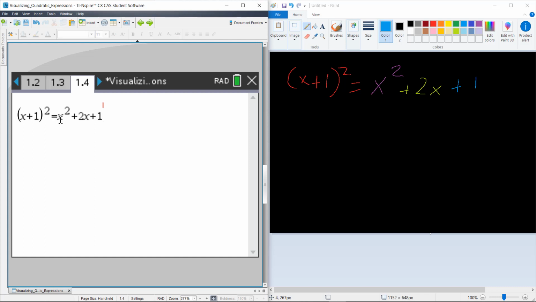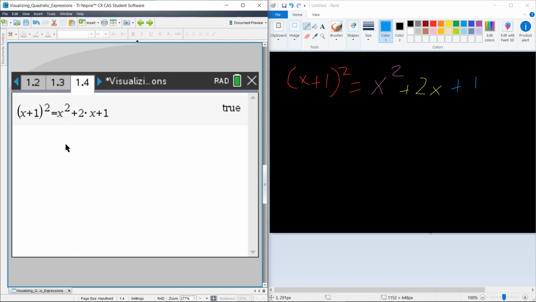What we're using here is called a Boolean operator, and basically what we're going to get is a true or a false to decide whether the expression on the left-hand side of our operator is equivalent to the expression on the right-hand side of our operator. And since we don't have a complicated expression that needs to be simplified, we can just press enter and we'll get an answer that says true.